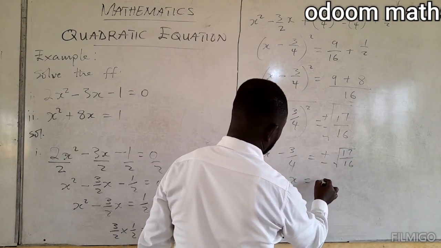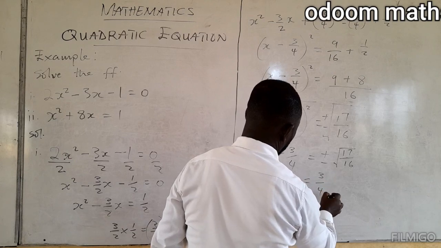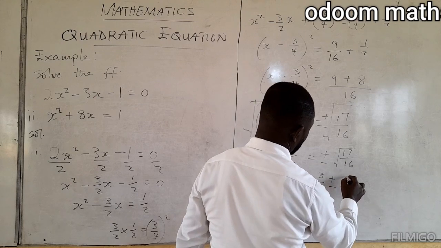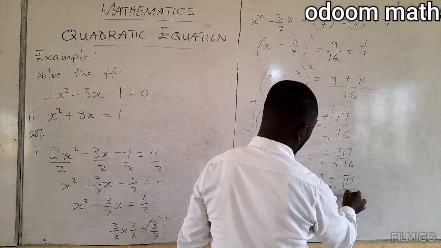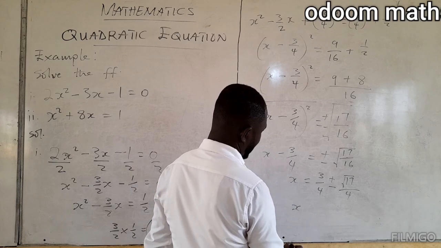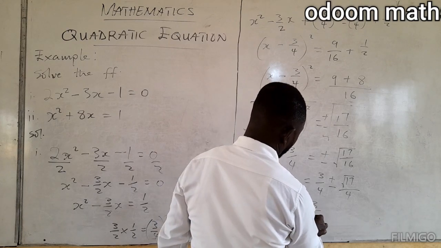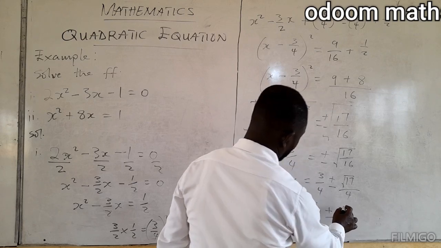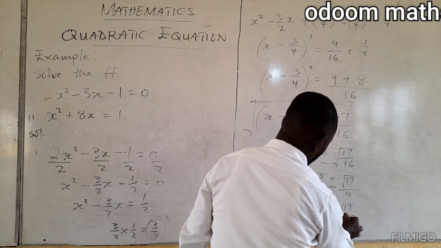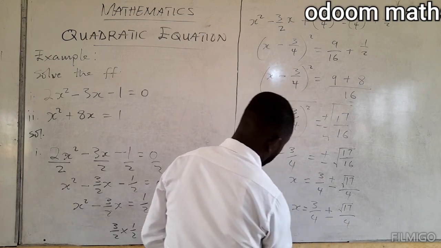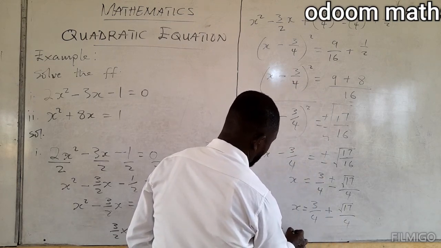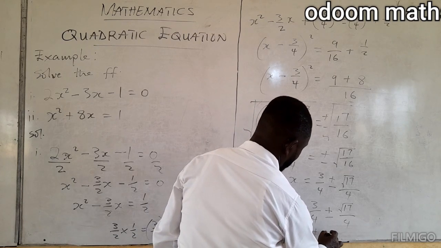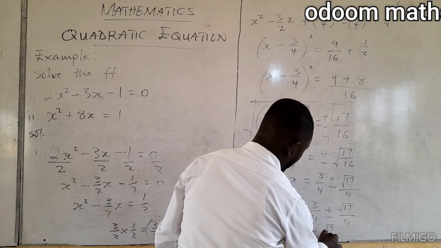So x becomes 3 over 4 plus and minus, this 16 can be root 16, which is 4, so root 17 over 4. So the first answer for x becomes 3 over 4 plus root 17 over 4.